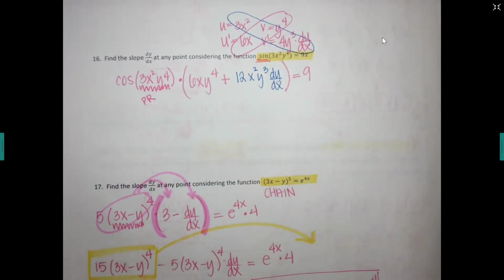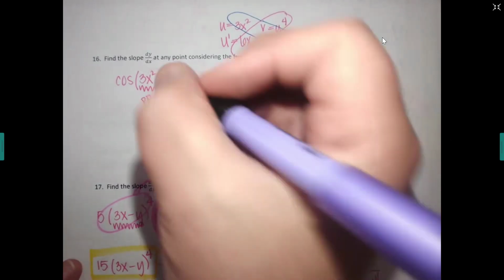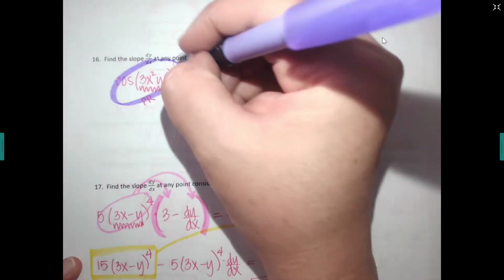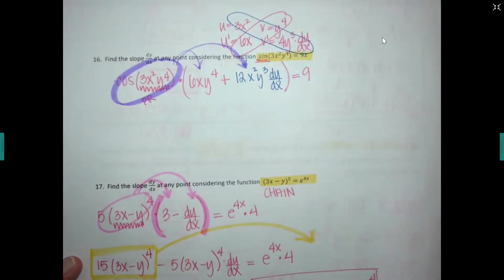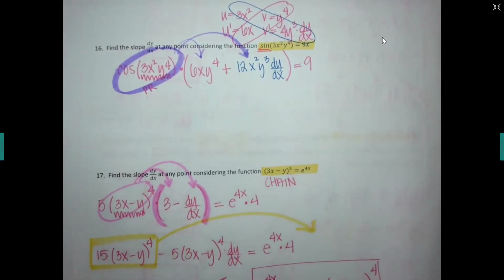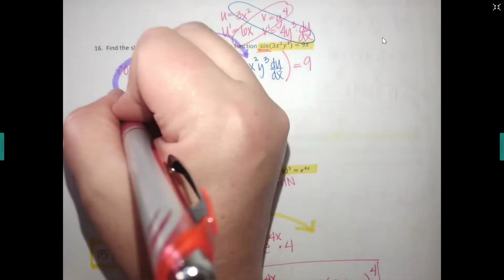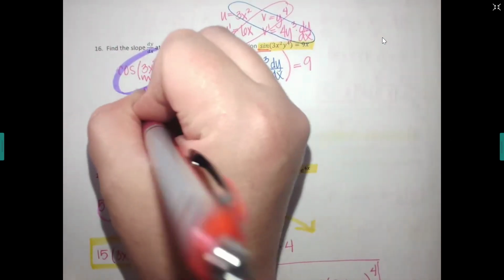Okay, we're going to circle what's on the outside, the cosine 3x squared y4. And we're going to have to distribute that into both of the terms on the inside so that those parentheses are gone. And remember, it gets a little bit worse before it gets better. So your cosine 3x squared y4 is going to times by this first.